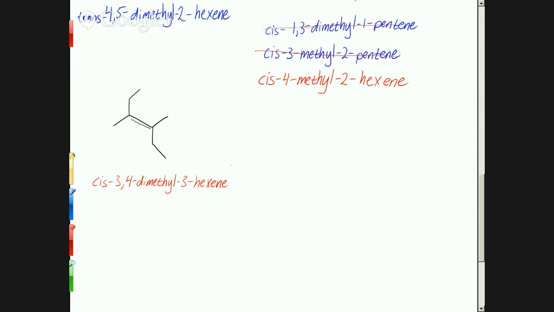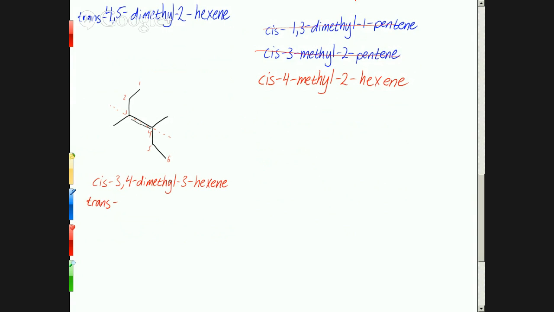So that makes this your longest chain. Okay. You got trans. Well, let's look at it.